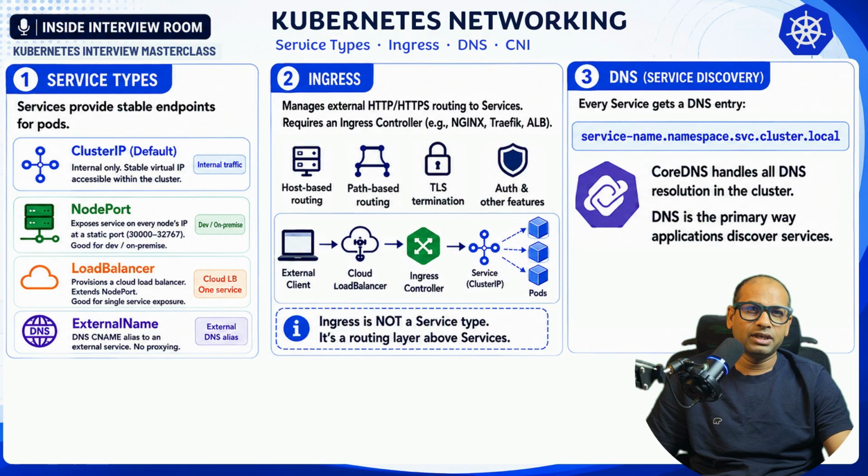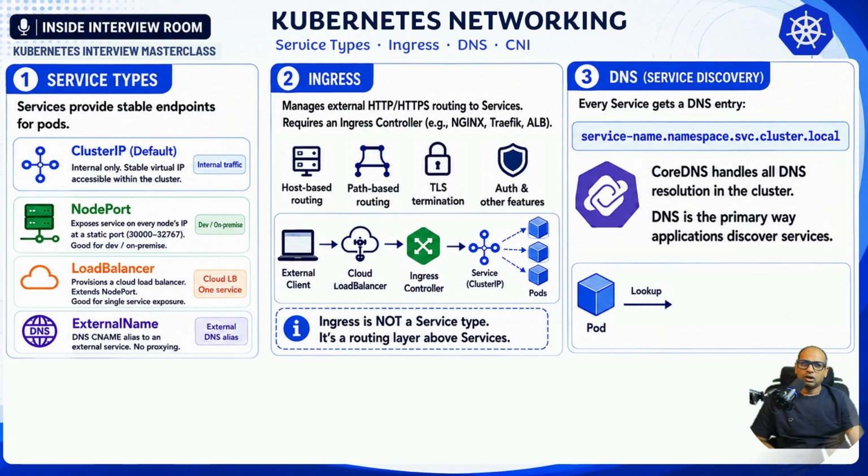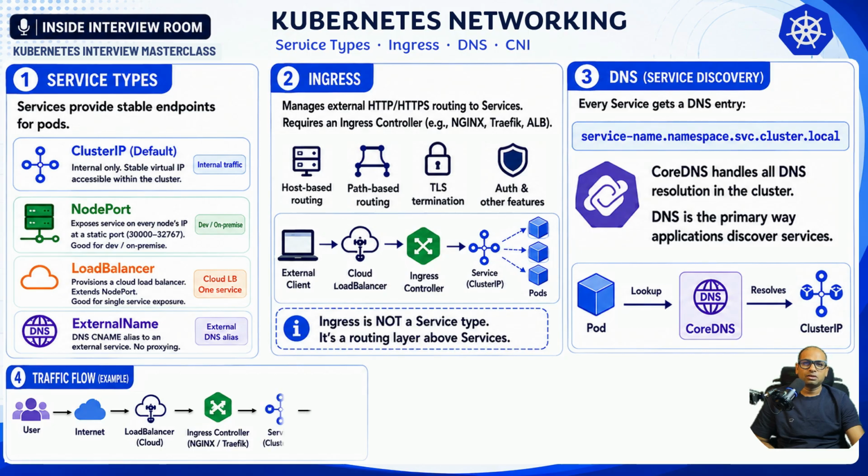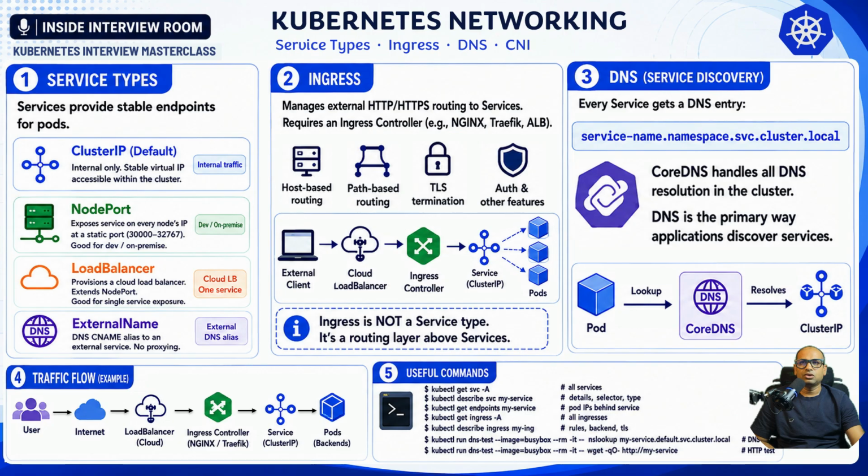DNS is the primary way applications discover services. Pods look up the DNS in CoreDNS, and CoreDNS resolves that through the cluster IP. So traffic flows from user to internet, internet to the load balancer, to your ingress controller, to your service, to your pod. This is the path, and there are some useful commands.